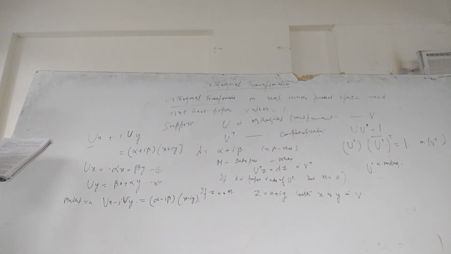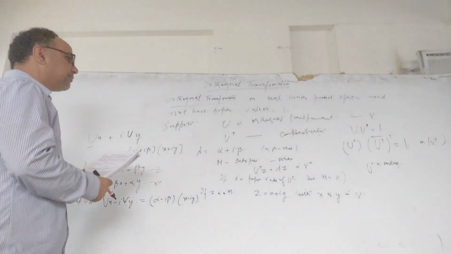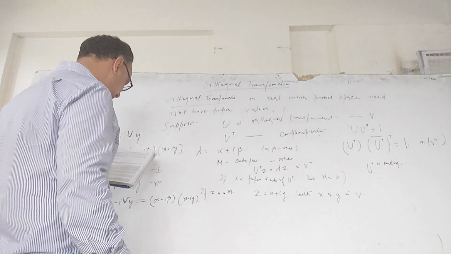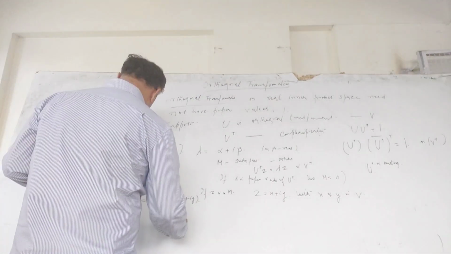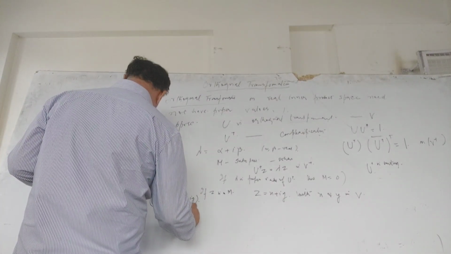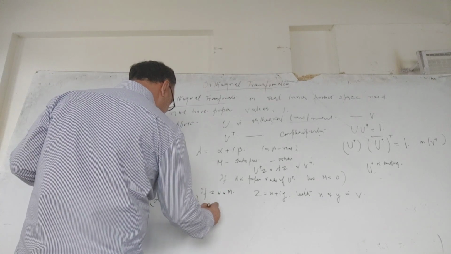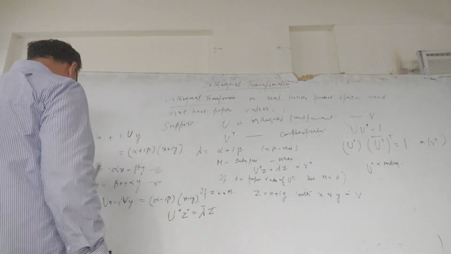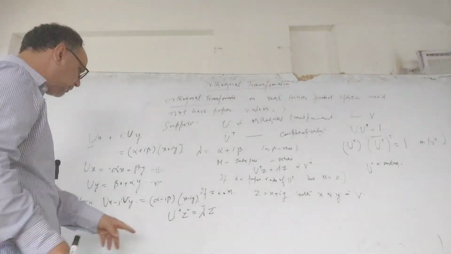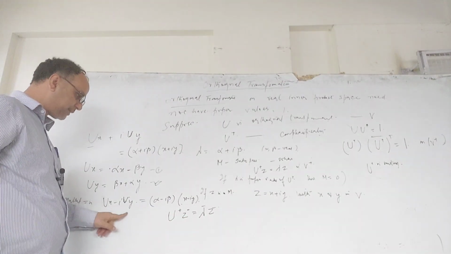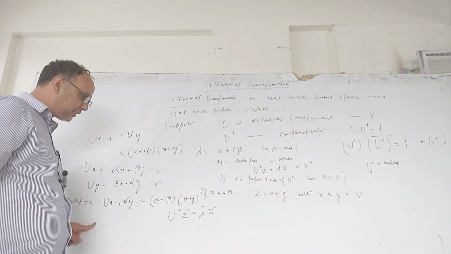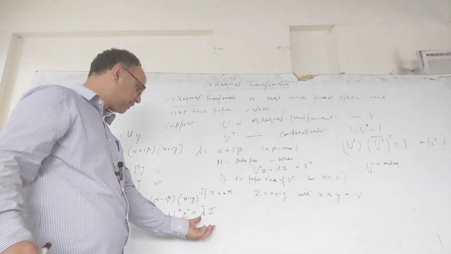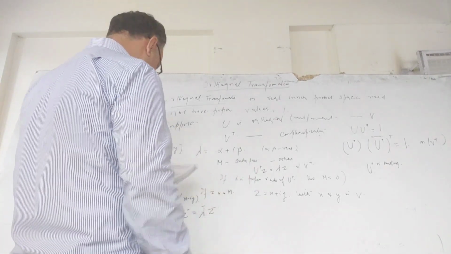This means that U plus z bar is equal to lambda bar z bar, where z bar is the complex conjugate, Ux minus iota Uy. So this is the solution on the right hand side.